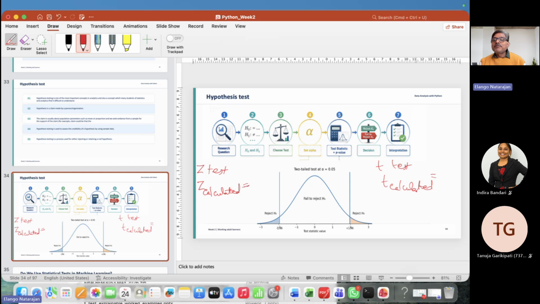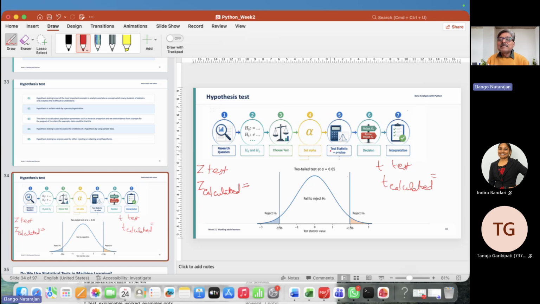All these formulas use the sample mean, population mean, sample variance or population variance. It depends on the formula that you have. Sometimes we use only 3 terms, sometimes 4 terms. We find the T calculated or G calculated, whatever it is.